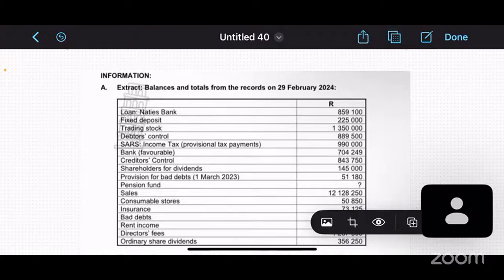Over 12 months. Did you say 12 months? Yes. Okay. What do you think is the difference between non-current and current?